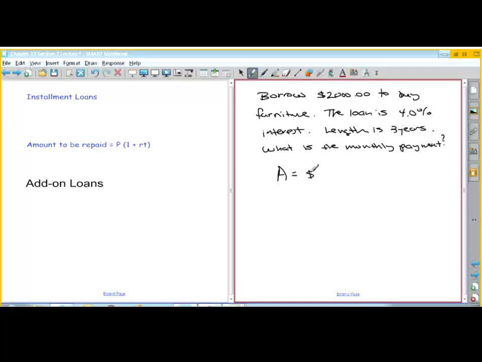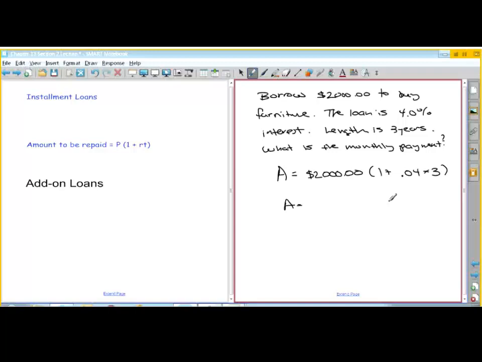So the amount that you have to pay back is going to be equal to $2,000, which is the amount, using this formula right here, times 1 plus the interest rate in decimal form, so it's 0.04 times 3 years. So it says if I borrow $2,000 for 3 years, this is how much I have to pay back after 3 years.